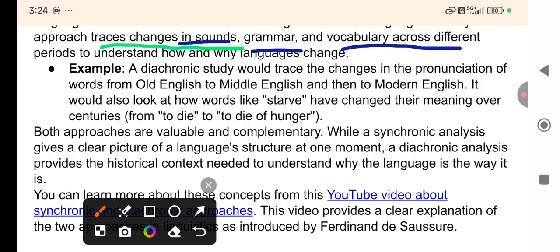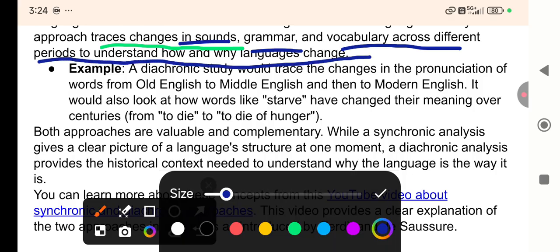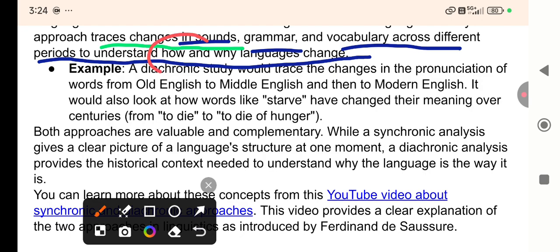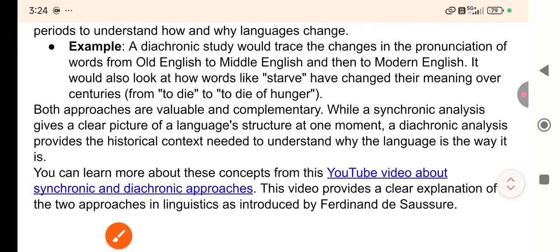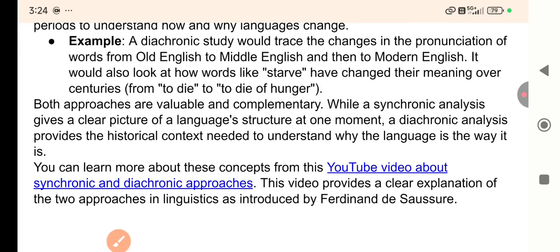You study vocabulary across different periods to understand how and why language changes. Both how and why are important: why "thou" becomes "you", why "doth" becomes "does", and how these words have been replaced. So this approach is called diachronic.